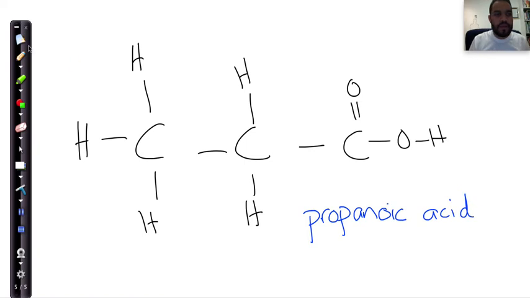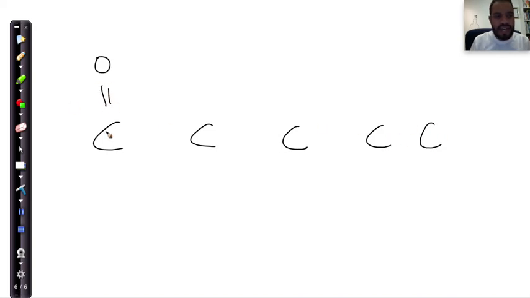Okay, are we ready for another one? Let's take 5 carbons: 1, 2, 3, 4, and 5. I'm going to put the double bond O on this side, O bonded to H like so. And there we go. Okay, let's do this a bit neater.